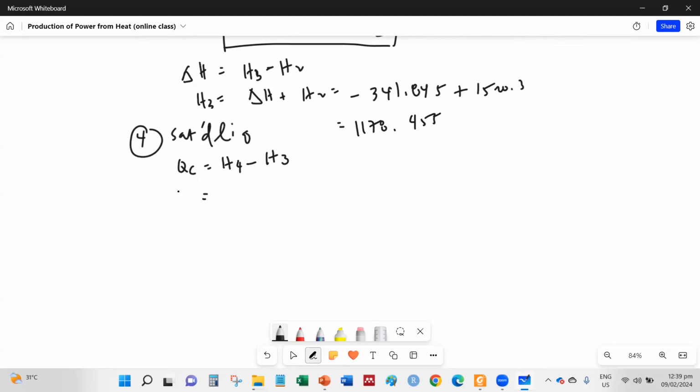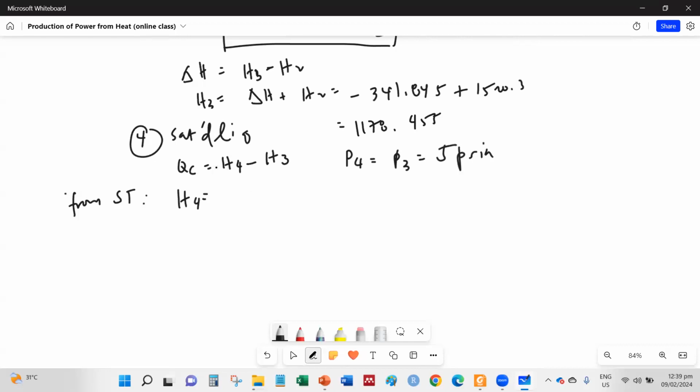From the steam table, H4, kung saturated liquid yan, okay, and we know, sabi sa problem, we know that P4 equal to P3 equal to 5 PSIA.